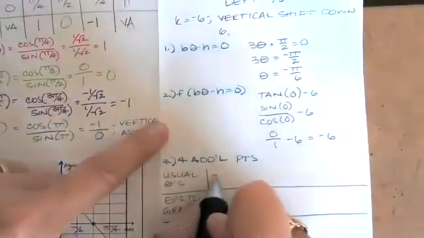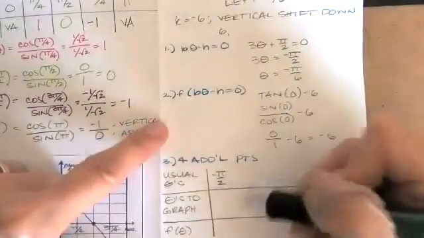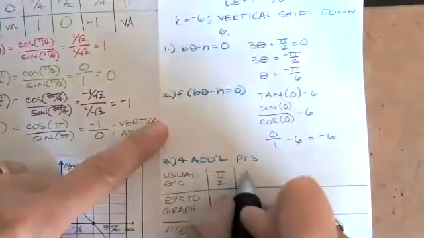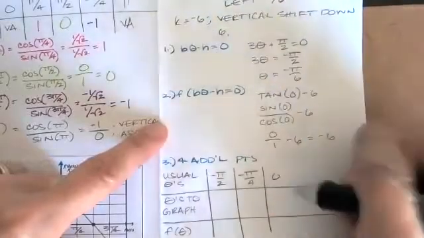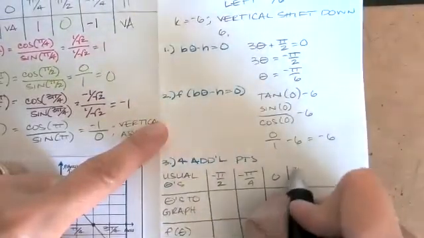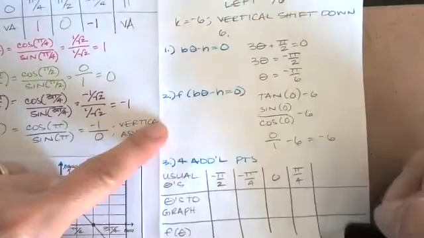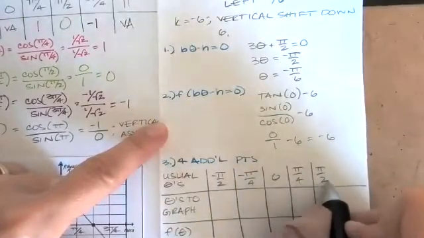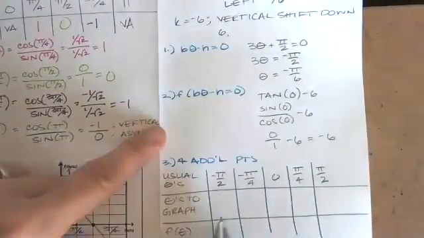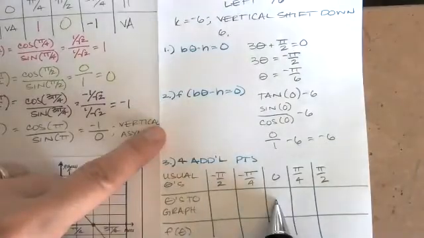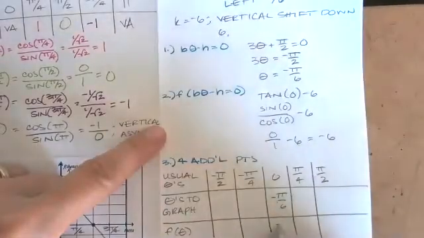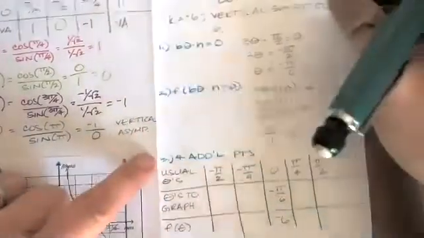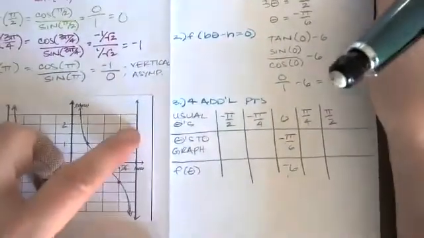So we said negative pi over 2 for tangent, negative pi over 4, 0, pi over 4, and pi over 2. Okay, so we've found these coordinates in our first and second step. So this will be negative pi over 6, and this turns out to be negative 6. Sorry, there you go.